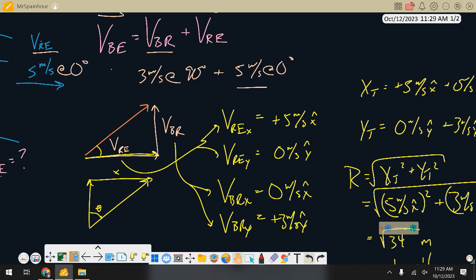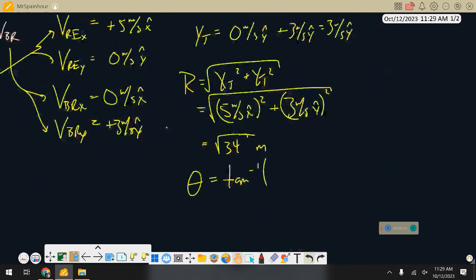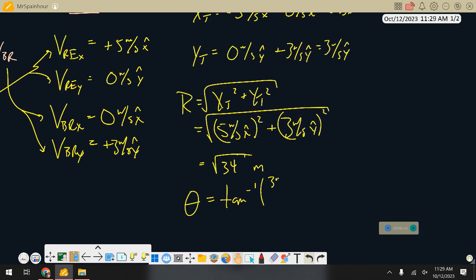And usually we almost always make the y the opposite, meaning we always do our trig as though the angle is over here on the alpha. Y is the opposite, x is the adjacent. So that's what I'm going to do. So inverse tangent of the y, 3 meters per second y hat, over the x, 5 meters per second x hat, and that should be under 40, probably about 30 and change, but let's figure out what these answers are.